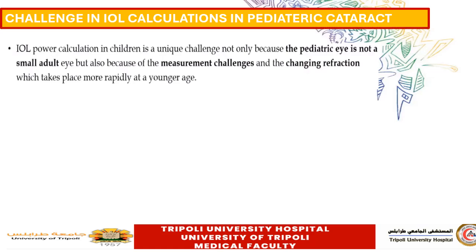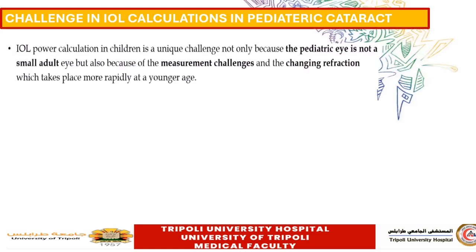Now we will speak about one of the important subjects, which is the IOL calculation in the pediatric age group. This is a very important subject. Even with the huge advancement in the management of adult cataract, as far as the prediction of IOL power calculation and the improvement in the technology and the machines, pediatric cataract is still lagging behind, because of the many challenging points that confront the surgeon in these types of cases.